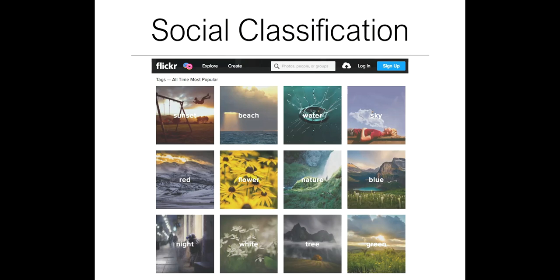One example of that put into practice is Flickr, which in this case is looking at the all-time most popular images, but classified by users into such things as sunset, beach, water, sky, red, flower, and this is not necessarily a natural organization scheme that somebody putting together a website would use.